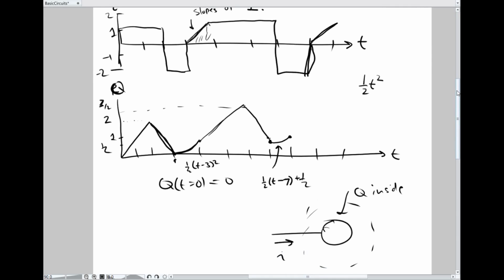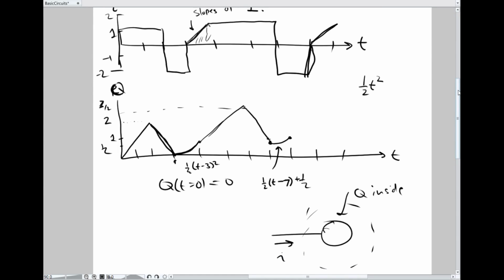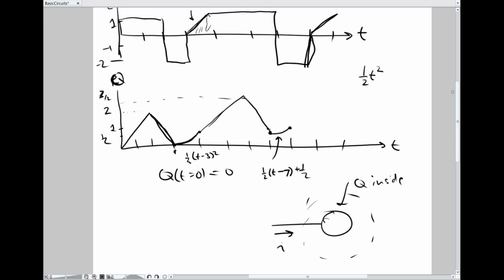If you really want the grotesque work of it, I'll oblige for a second. So q is equal to the integral from -infinity to t of 1 d tau, right, for this region.